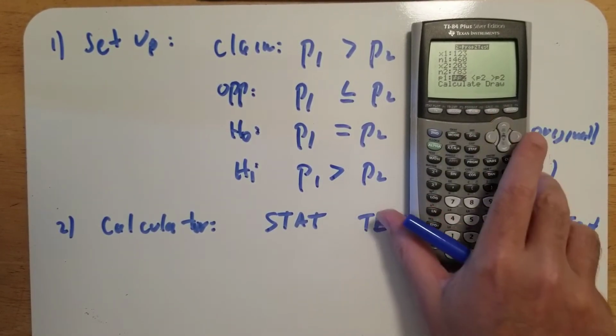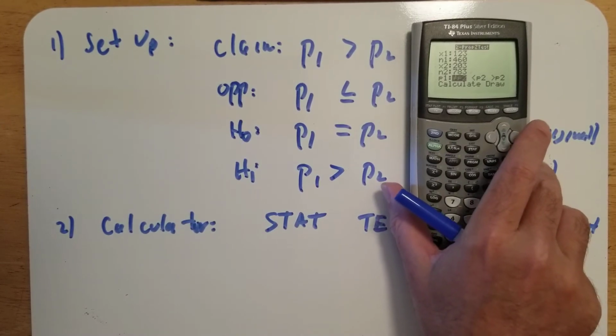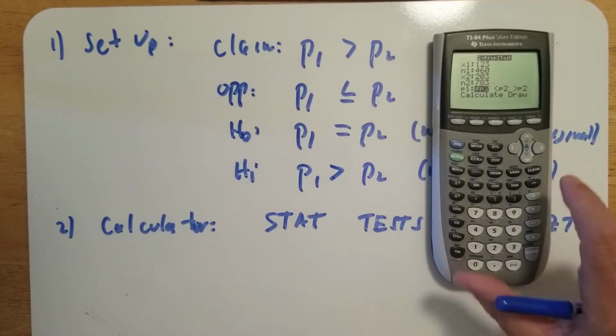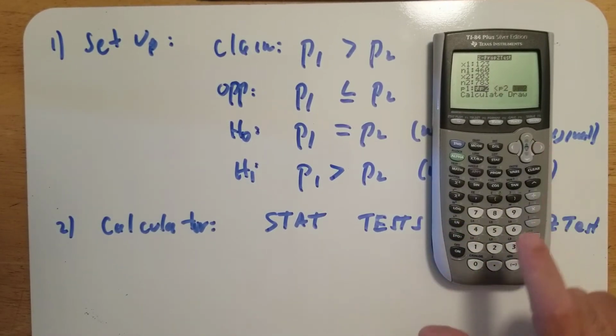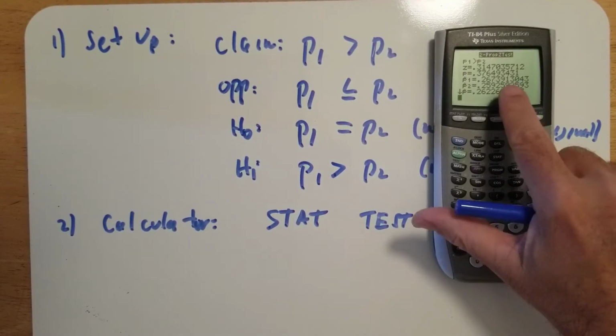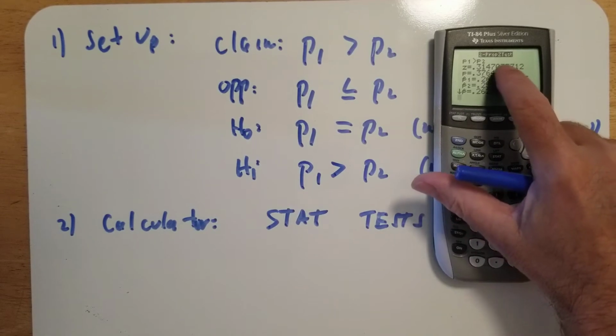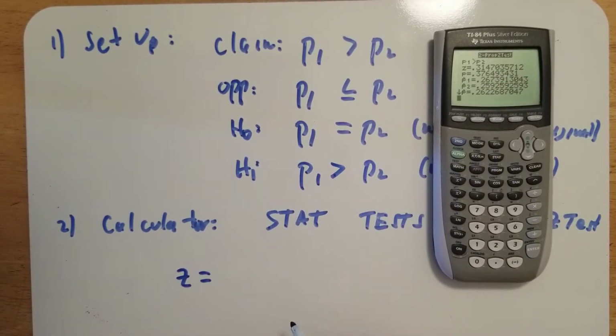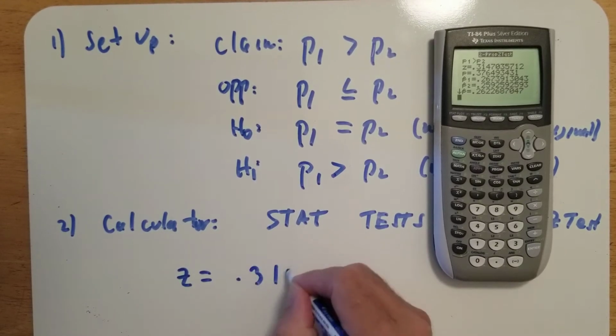Now, for this one, I want to match the form of the alternate hypothesis. The alternate hypothesis is greater than, so I'm going to arrow over to the greater than, hit enter to make sure it takes, and then when I hit calculate, the two important numbers are the z and the p. The z was about 0.315 to 3 decimal places.